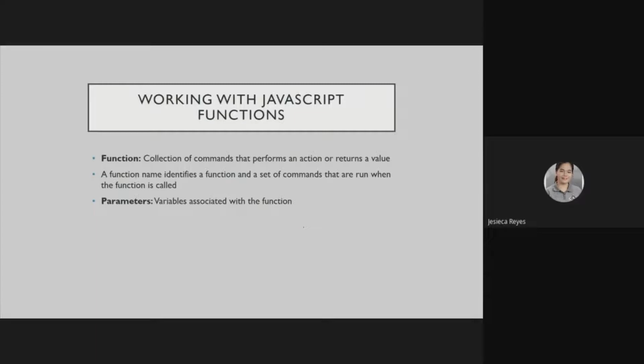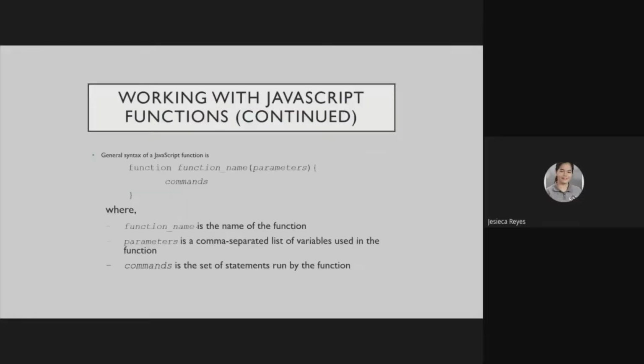Okay, functions or methods. Function names identify a function and a set of commands that are run when the function is called. In a function, you can have parameters. So these are variables associated with the function.